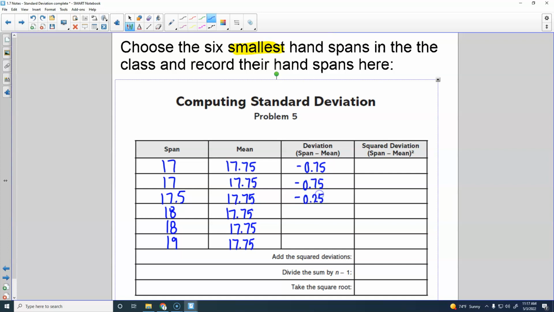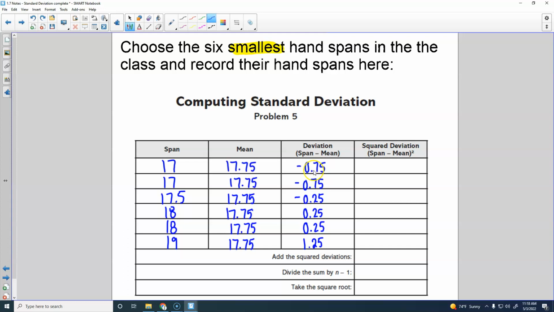It is possible to get 0, but we won't here. Then we'll get positive 0.25, positive 0.25, and 1.25. So we're just taking this number 17 and subtracting 17.75. Gives you negative 0.75. Yes, that's what we're going to do here in a second.